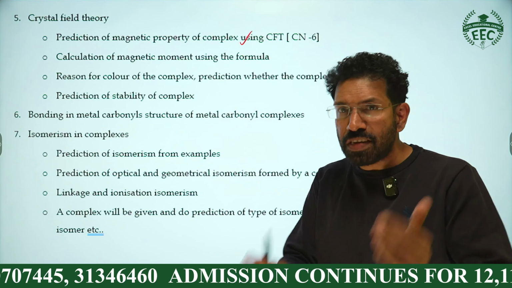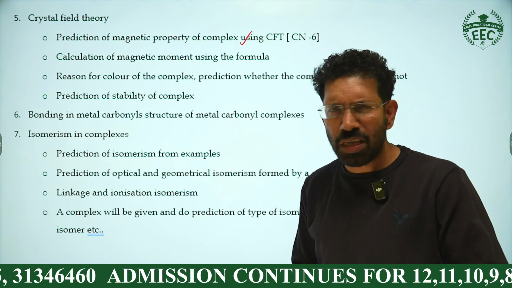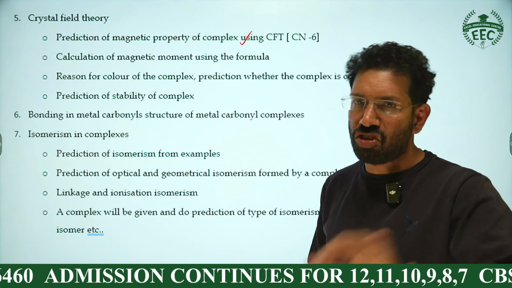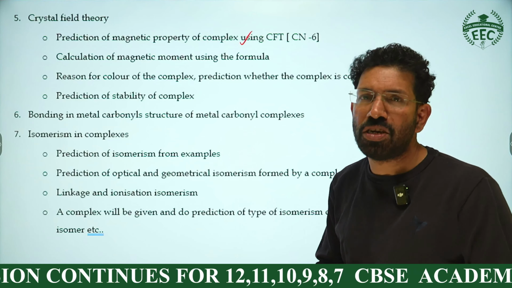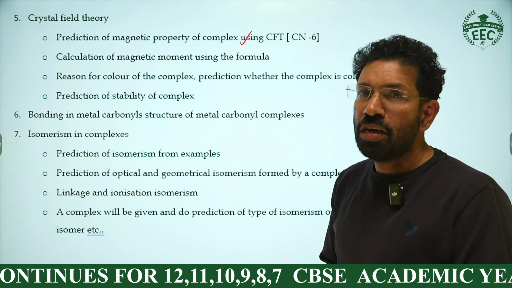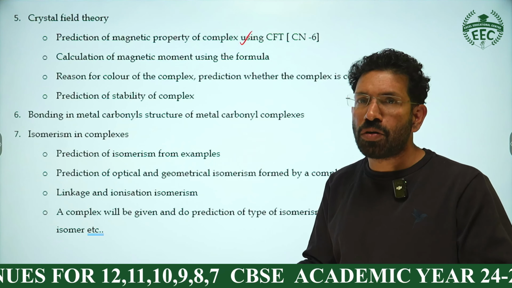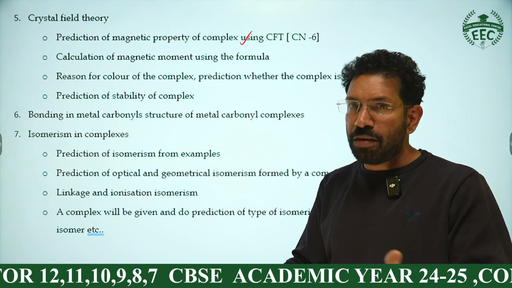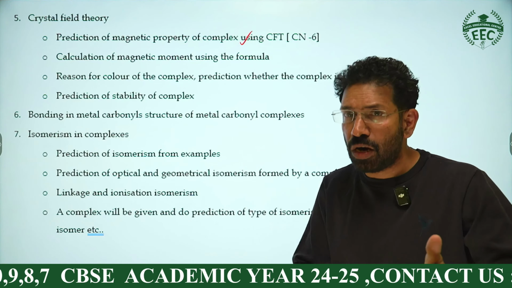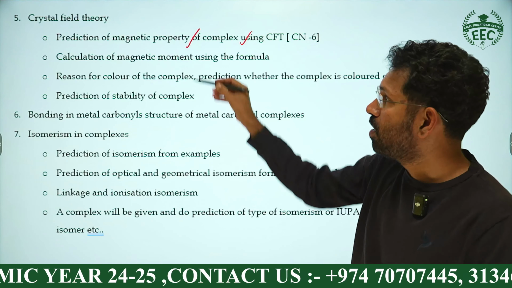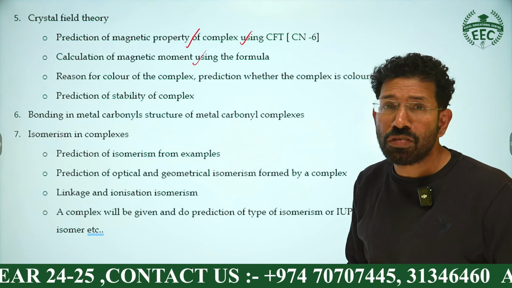If they are asking what the magnetic nature is, they are not asking for an explanation, so better go for VB theory or CFT prediction. We studied CFT prediction. What is the order of filling of electrons when delta O is greater than pairing energy? What is the order of filling when delta O is less than pairing energy? That all will come here. So just study that prediction of magnetic property. That's very important.